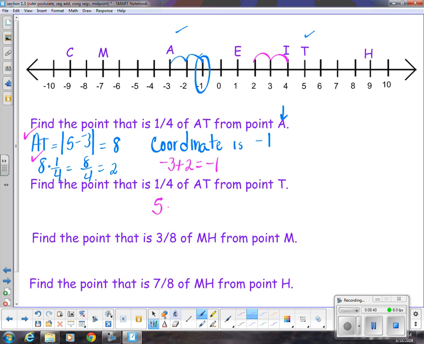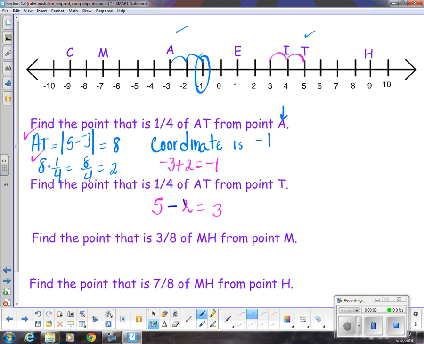That should be from T, and that is going to be 3. So we have to know where we're going. I'm going to move 2 in the opposite direction, toward A, and I'll be at 3. So it's important to know how A and T are situated on the number line.